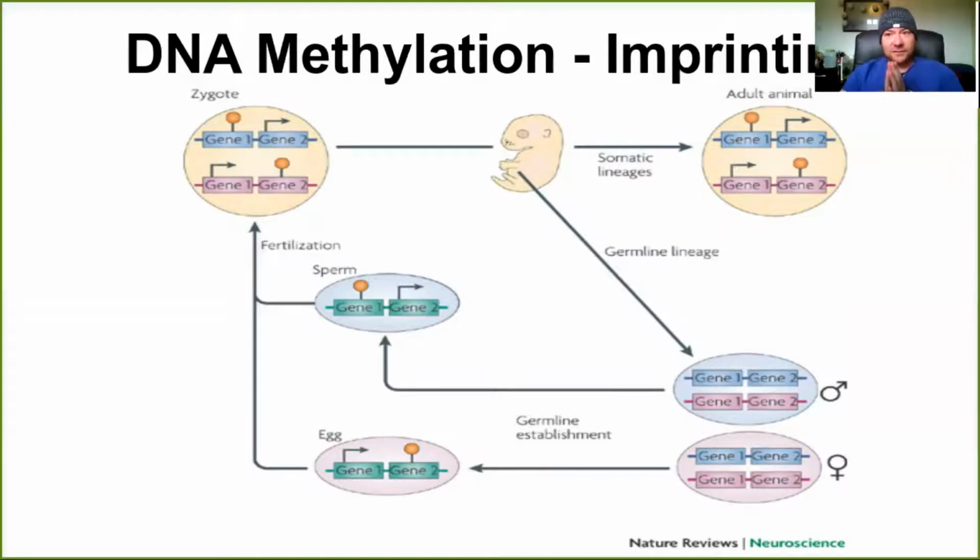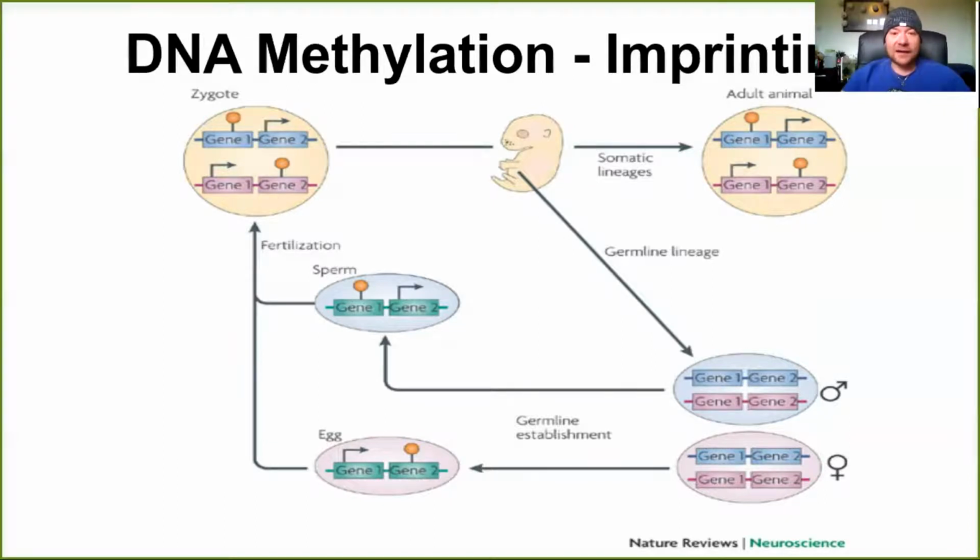But when a zygote forms, so when an egg and a sperm fuse and you get a zygote, everything isn't completely reset. There are certain genes that seem to remember that they came from the father, and other genes that remember coming from the mother. Certain genes, certain alleles, certain genes. Now, this memory of methylation is known as imprinting.